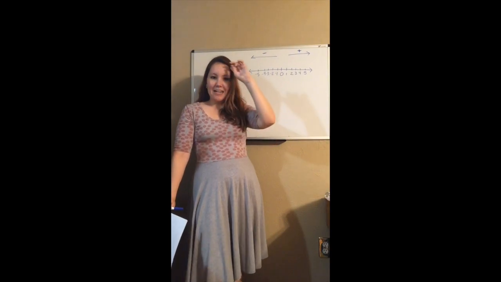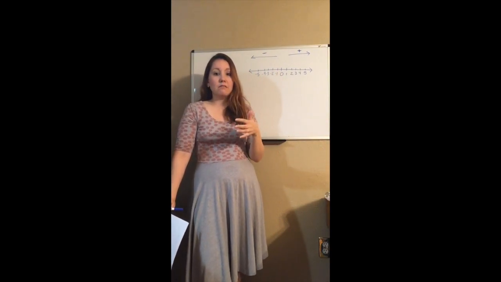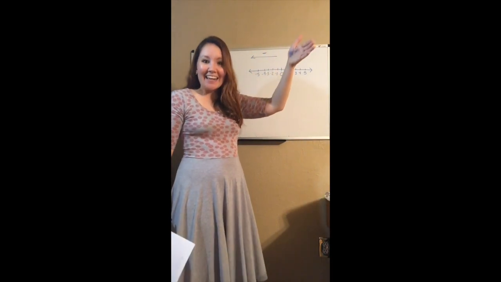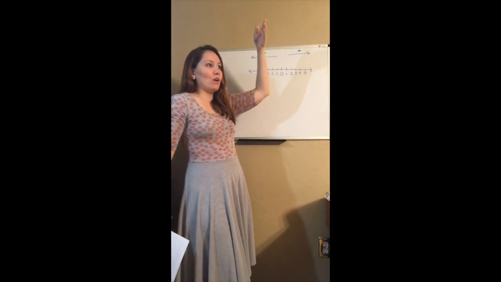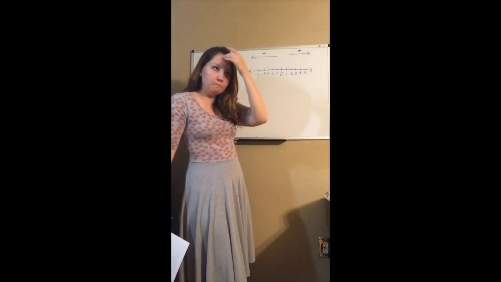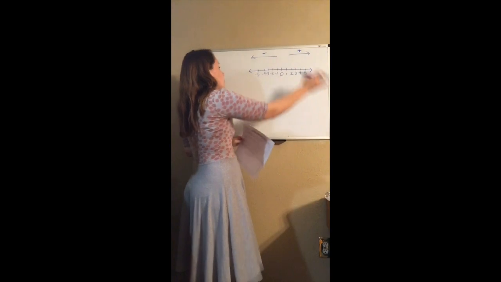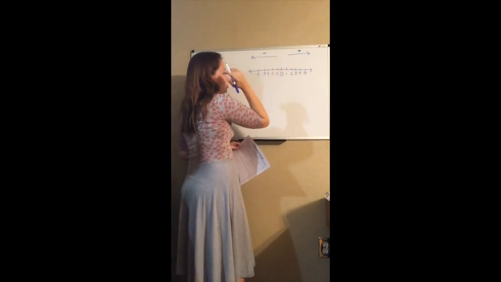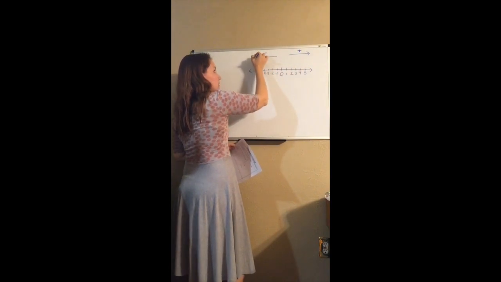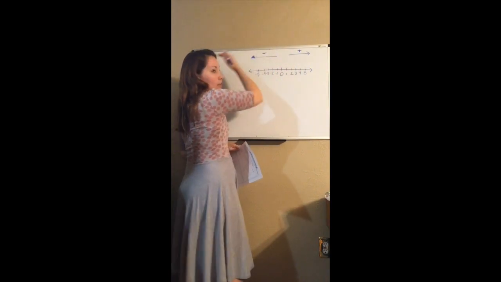I find that it's easier to think of it that way because it's something that I know. I've had a bank account that's negative, so I understand that once we go past 0, we get into negative numbers. So looking at this, if we were to add a negative number, we are moving to the left of our number line.